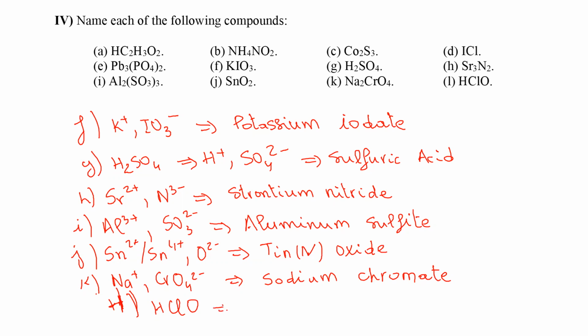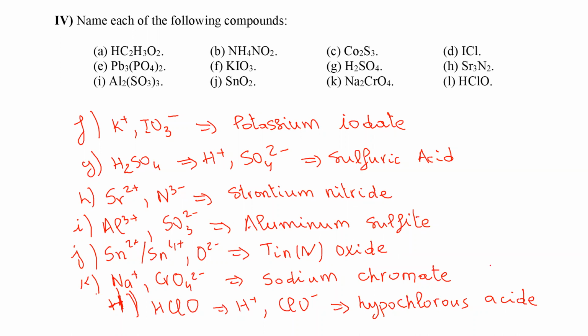Okay, it's an acid, H plus, and ClO minus, which is hypochlorite. Excellent. So for the acid, we keep the hypo and the ite is replaced by ous, so hypochlorous acid.